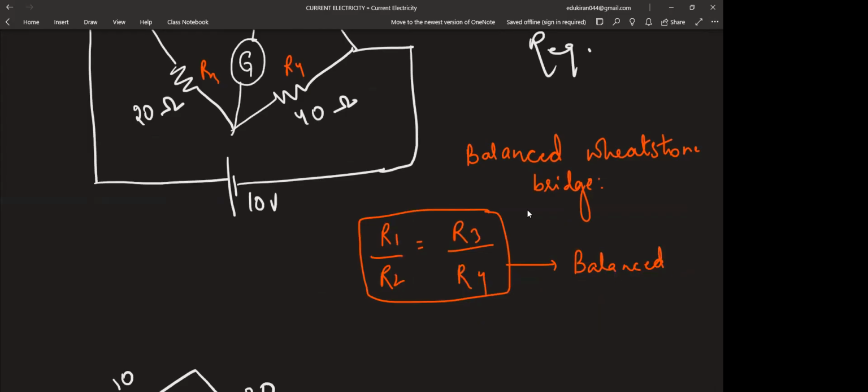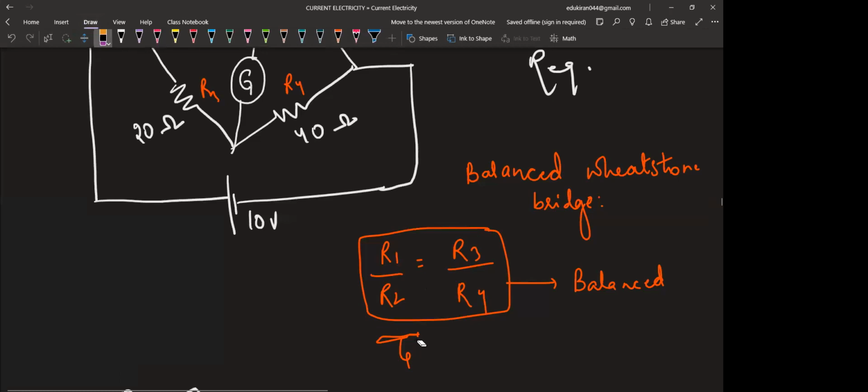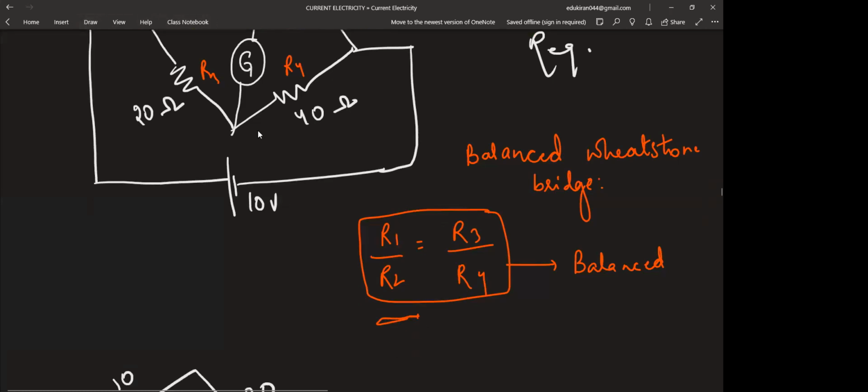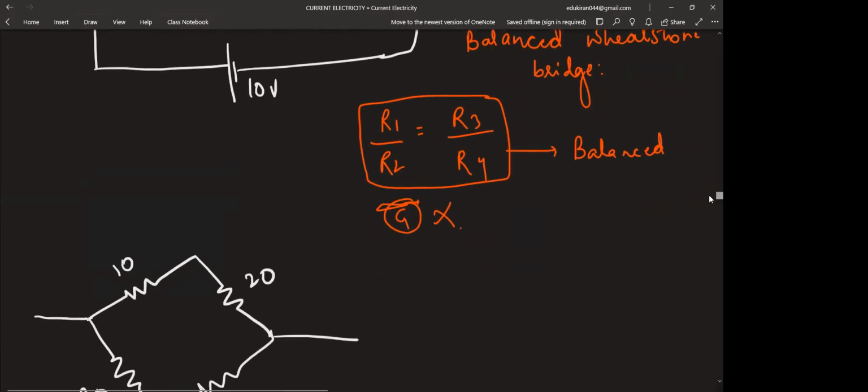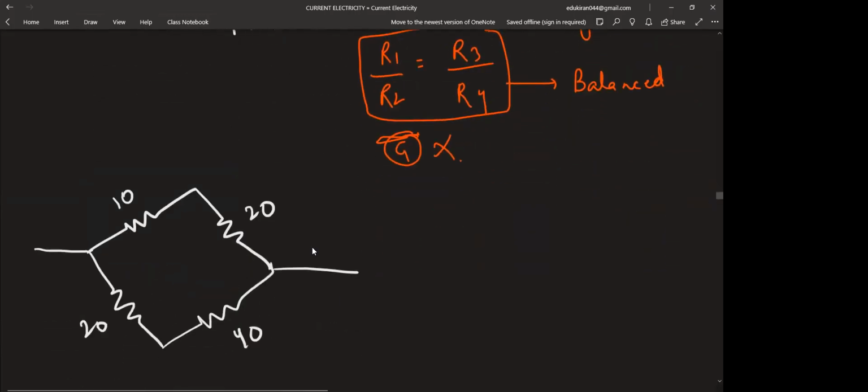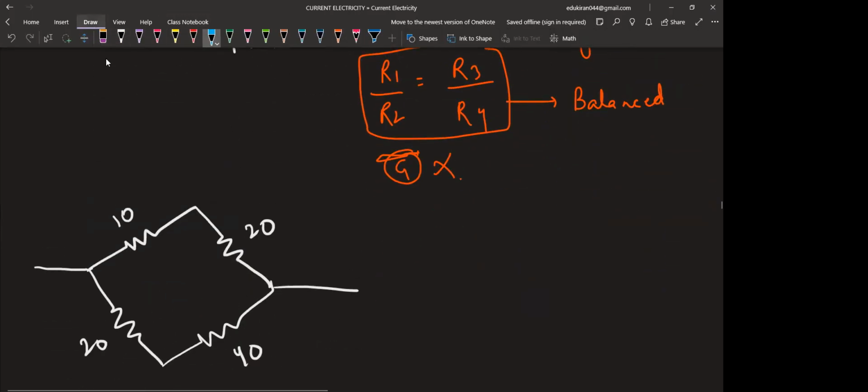And in that case, this galvanometer branch goes off. This galvanometer doesn't exist. The galvanometer branch vanishes off. So how does your circuit look like? It simply looks like this. Now it's easy to solve this one.